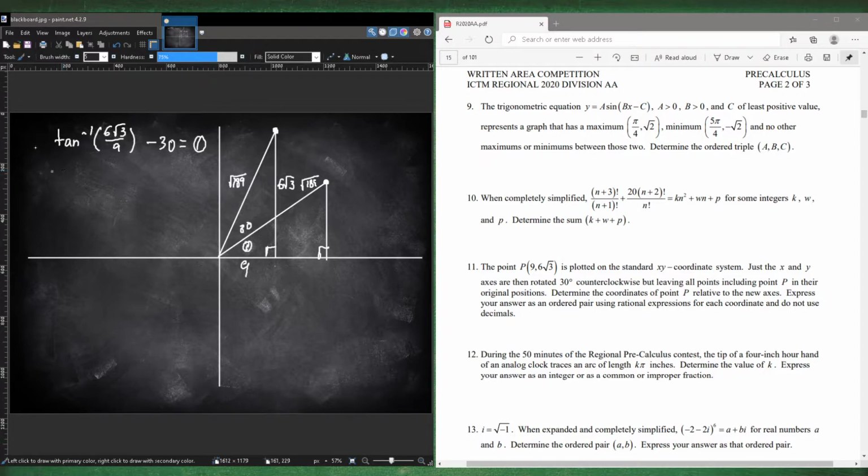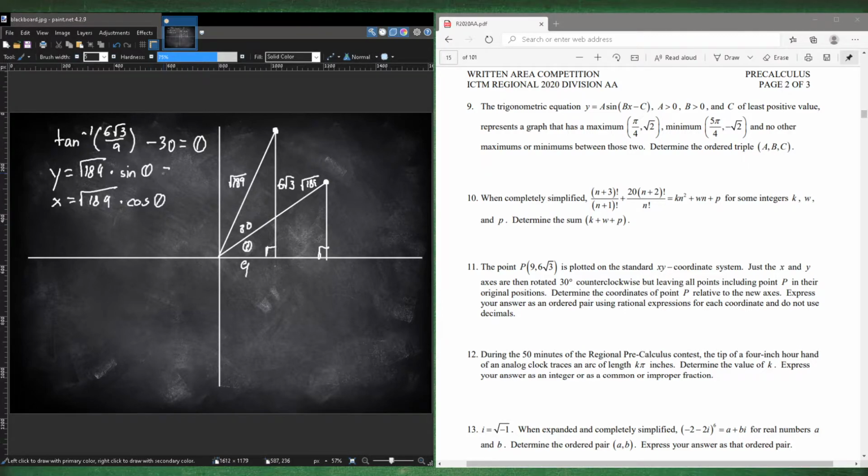Then our y value is equal to the hypotenuse, √189, multiplied by sine of theta, and our x value is √189 multiplied by cosine of theta, right? That's just basic trigonometry. We could do this on our calculator, and we're not going to do any rounding because that's going to be imprecise. So inverse tangent of 6√3 divided by 9, then minus 30, then take the sine of that angle multiplied by √189.